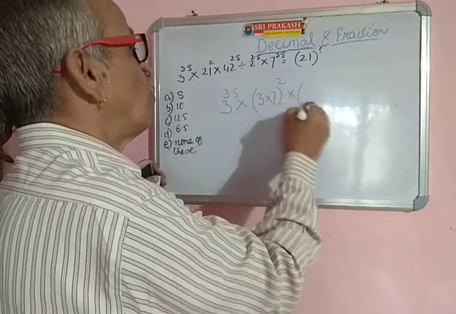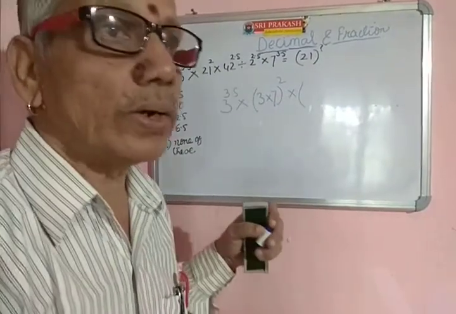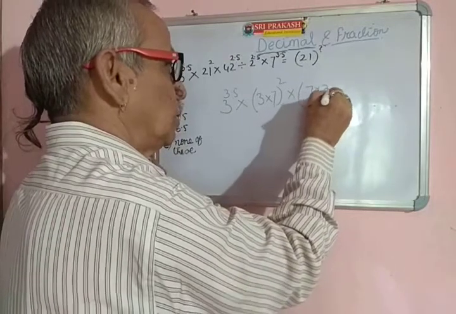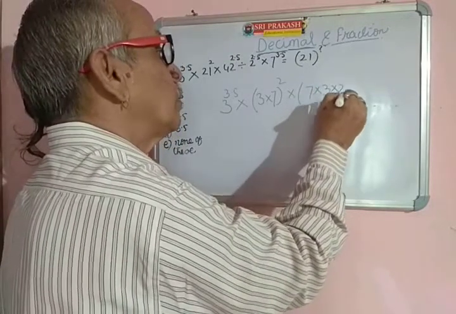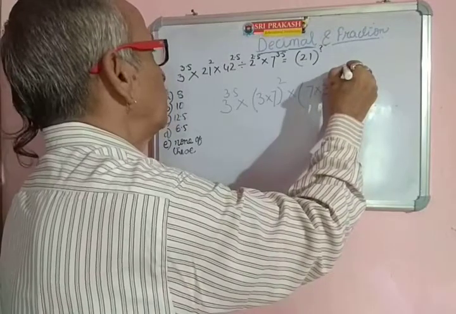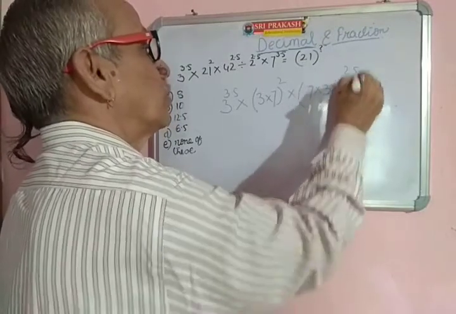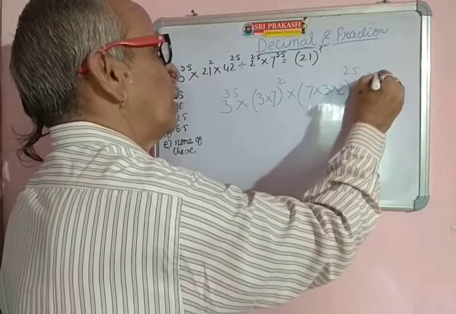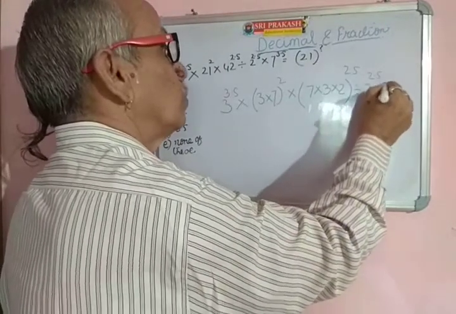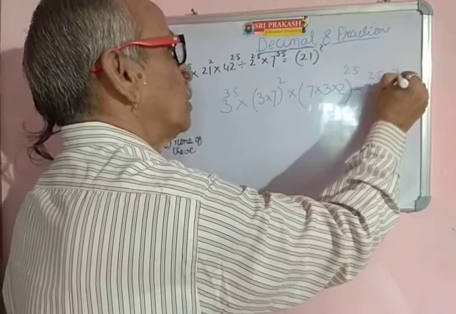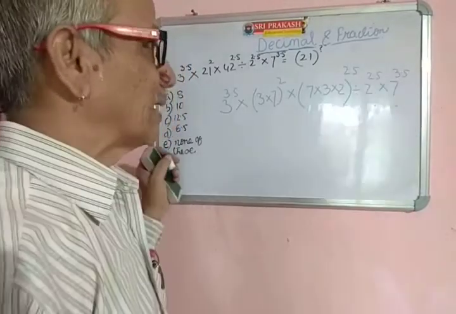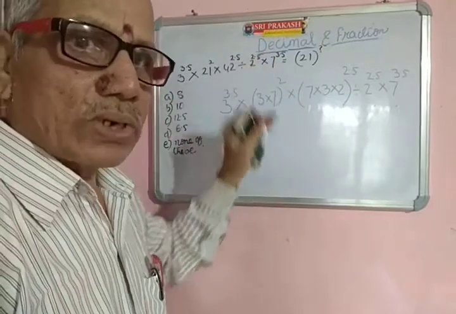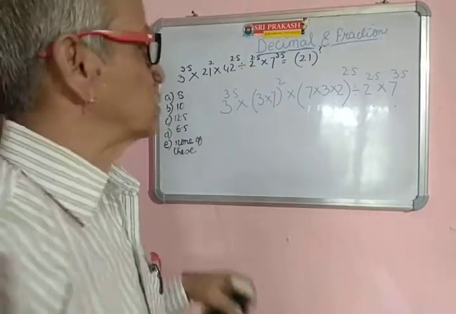Into 42: how can we write 42? 7 into 3 into 2, to the power of 2.5, divided by 2 to the power of 2.5 into 7 to the power of 3.5. Clear? The RHS we keep like that. First of all, we simplify the LHS.